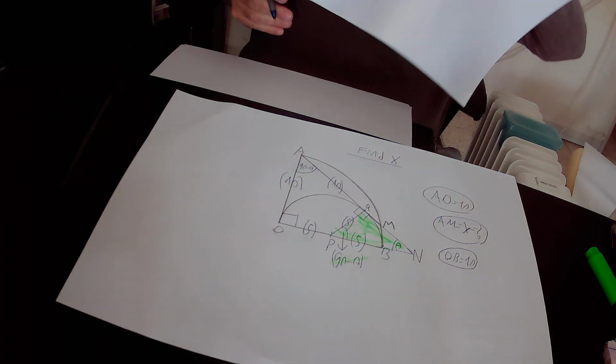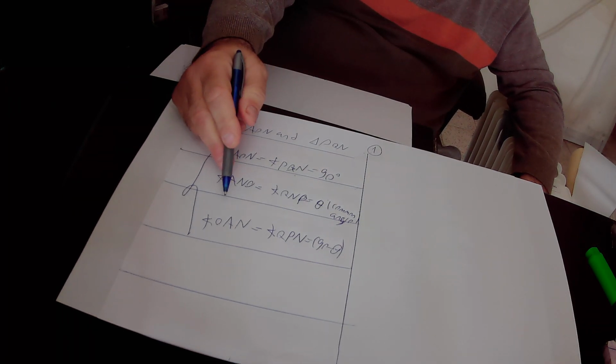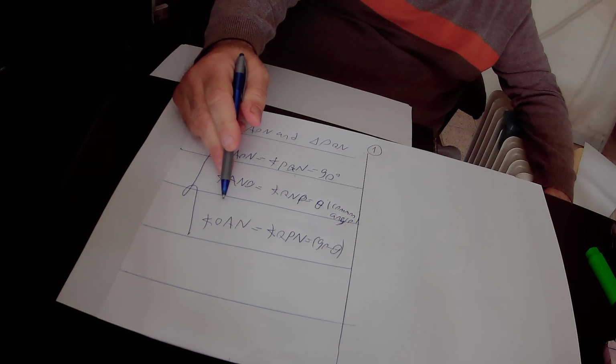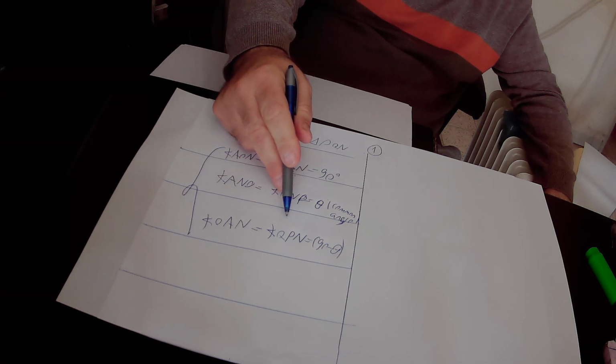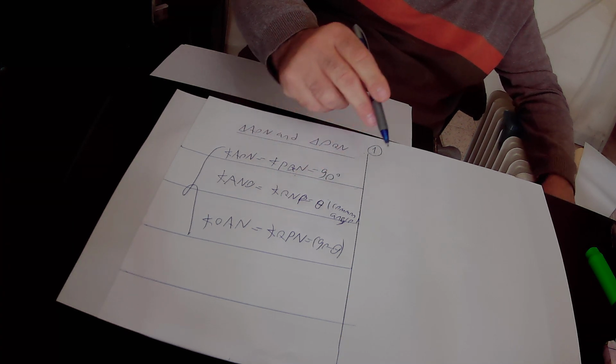Repeat again: angle OAN in the big right triangle AON equals angle QPN in the green triangle. They are both equal to 90 degrees minus theta, therefore they are equal to each other.